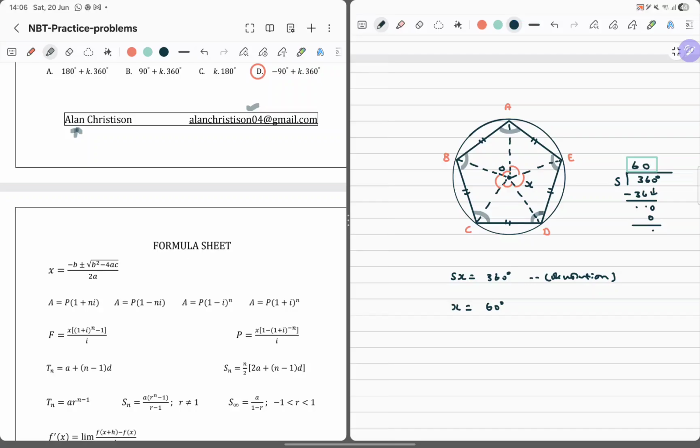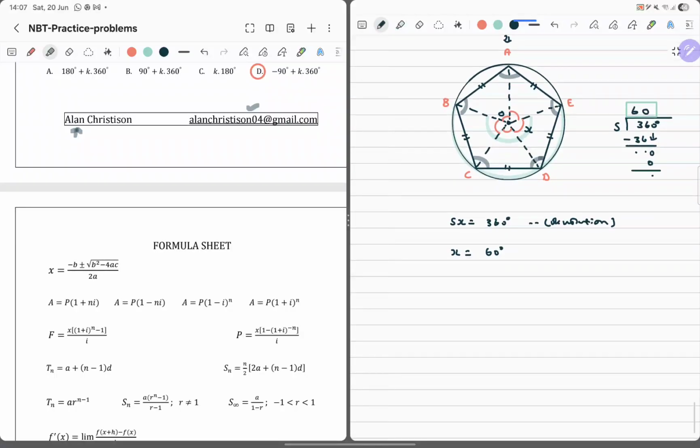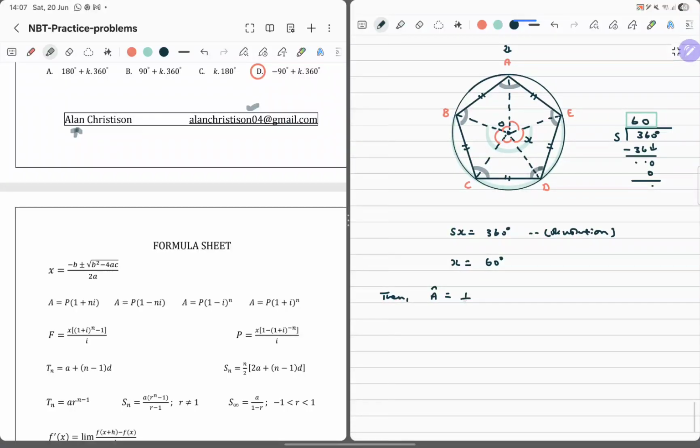But now, if we want to find A, it has to be looked at in terms of this whole angle, because the arc must be BE that subtends A. So angle A is going to be equal to half of, how many X do we have? 1, 2, 3.